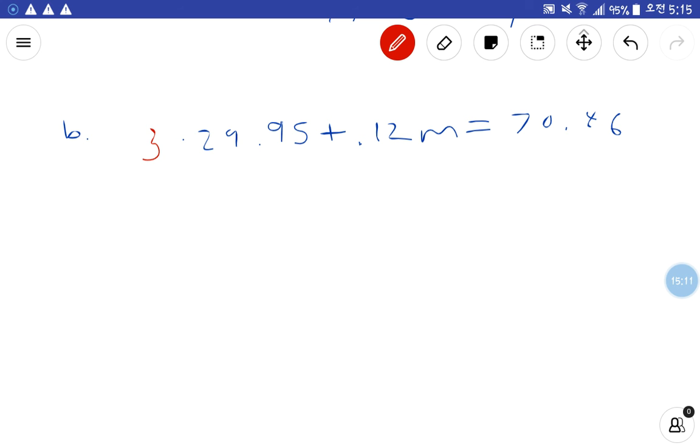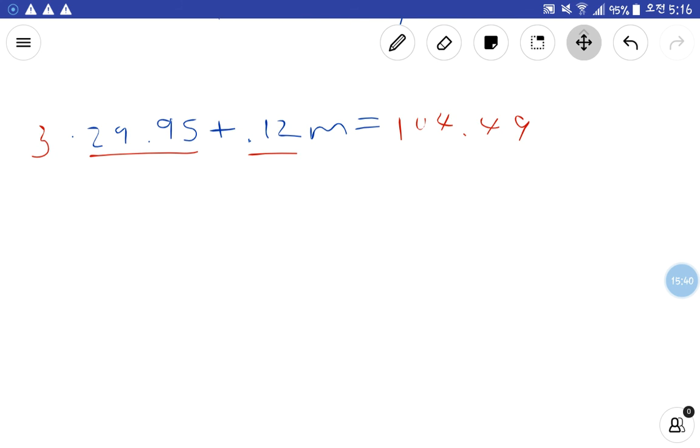And his total bill changed. Instead of $70.46, I would have 104.49. Since the other information did not change, you can keep 29.95 here and keep 0.12. Okay, now you should calculate.